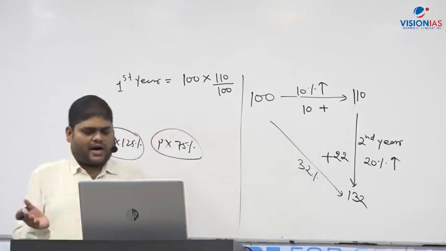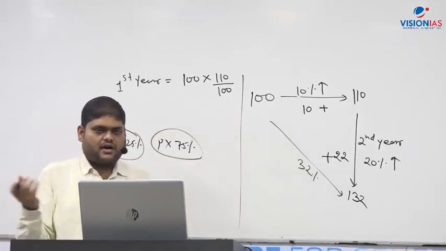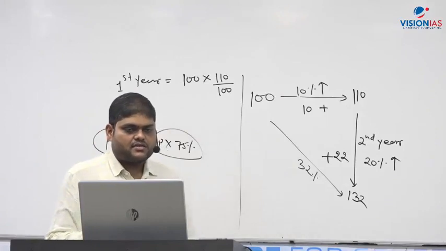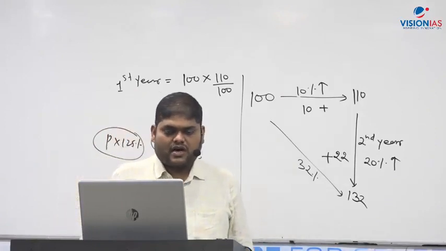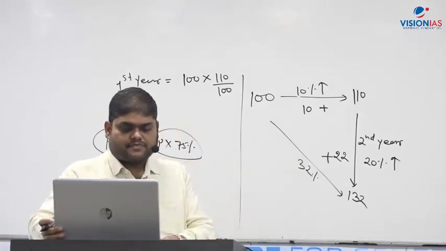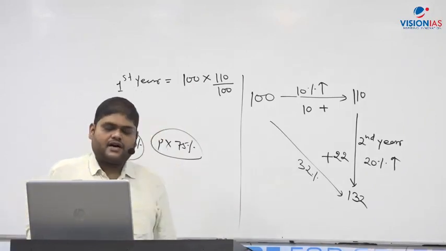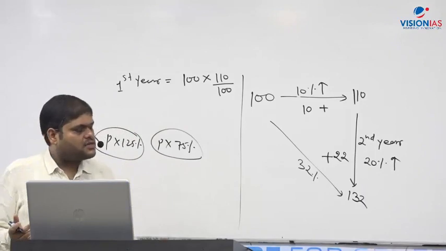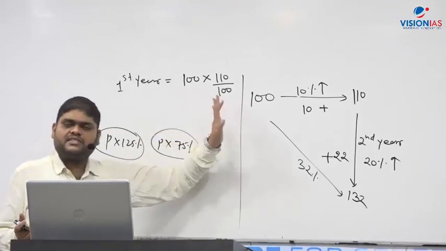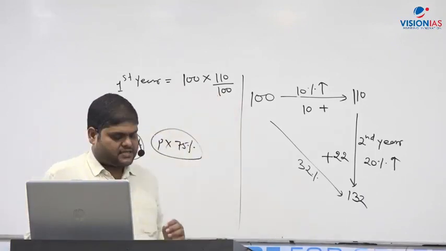So I hope you guys have gone through the previous class, and you have solved the problems, because all these things are going to come in the examination. The language will be like this.